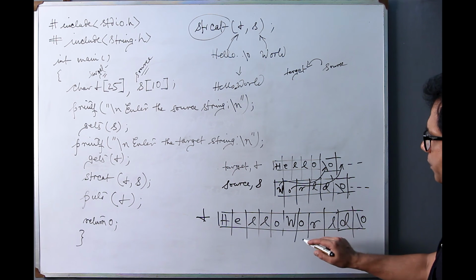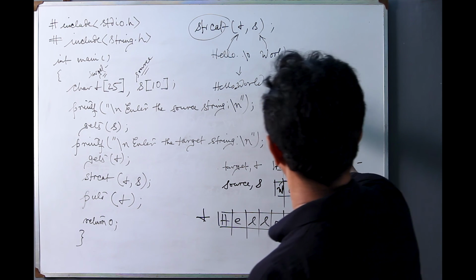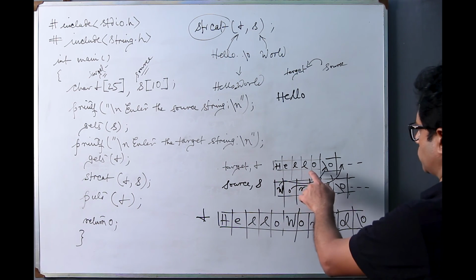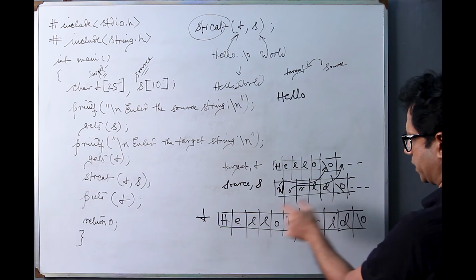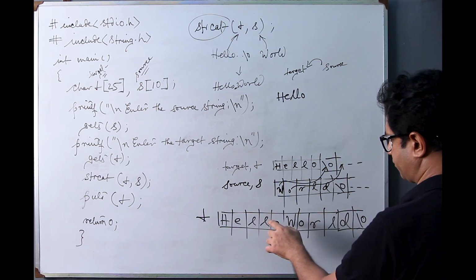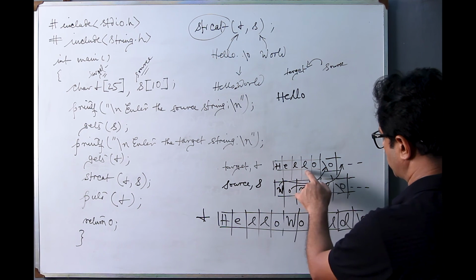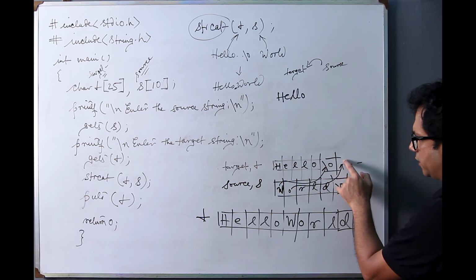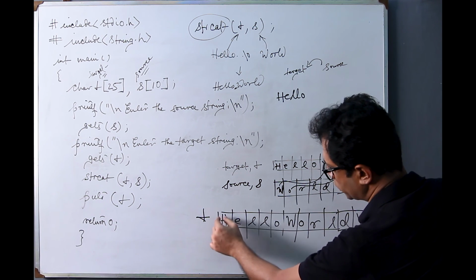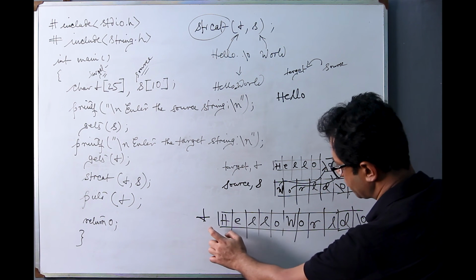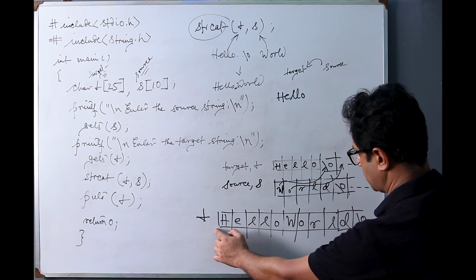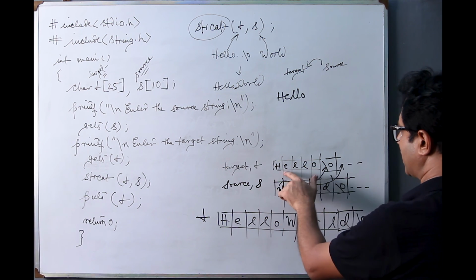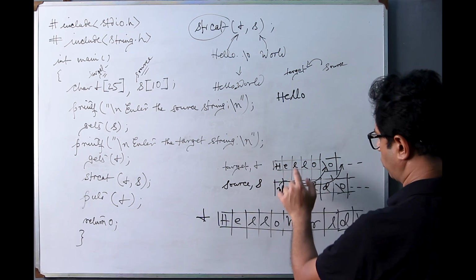So the output will be hello world like this, without any spaces, because I didn't keep any sort of spaces in between them. If that were the case, I should have kept a blank space before this null character, or would have started with a space, or we could have done it this way, hello world.